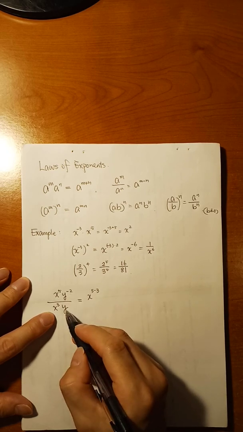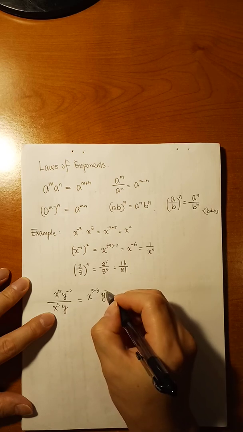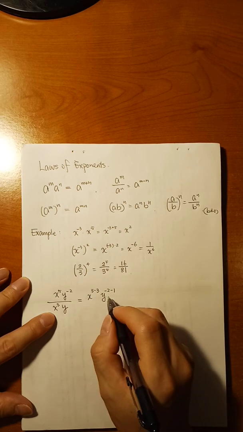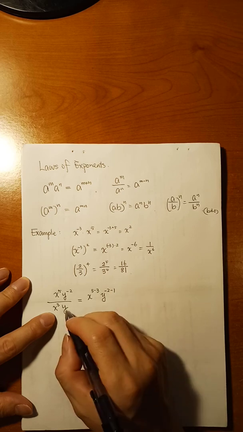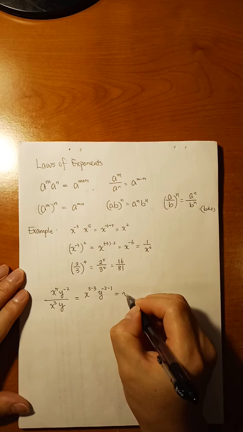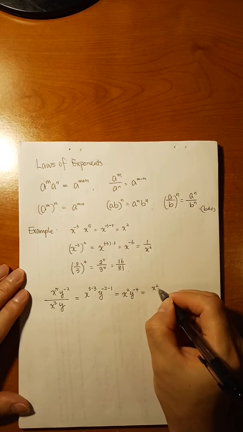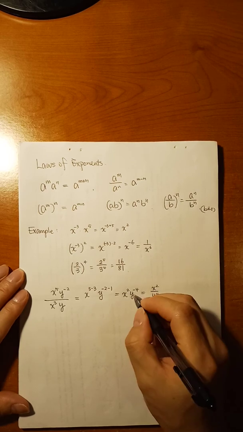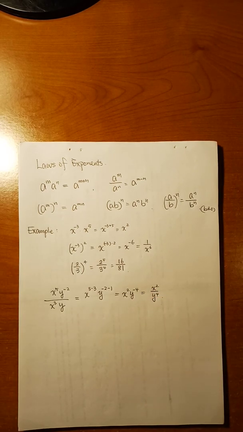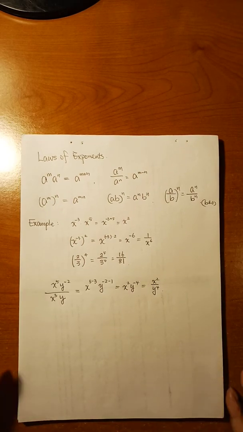Y to negative 2 over y means y to 1, so it's negative 2 minus 1. It's always subtraction, minus the exponent of the denominator. So it's x squared y to negative 4. So we can write x squared over y to 4. Y to negative 4 means it's in the denominator, right?